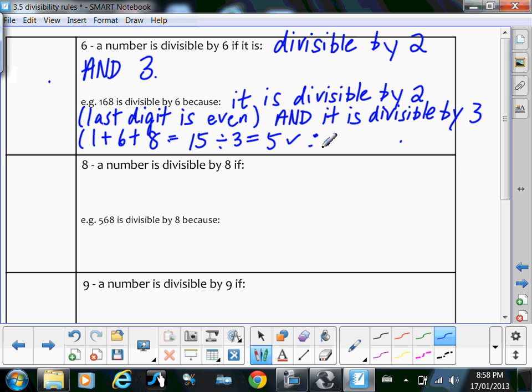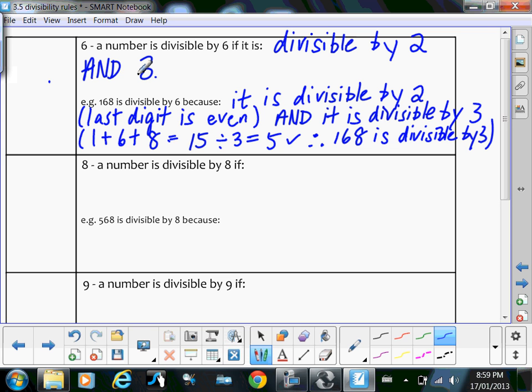Therefore, 168 is divisible by 3. Okay, so again, the divisibility rule for 6 depends on the divisibility of the number by 2 and by 3. So if the number is divisible by 2 and 3, it's automatically divisible by 6.